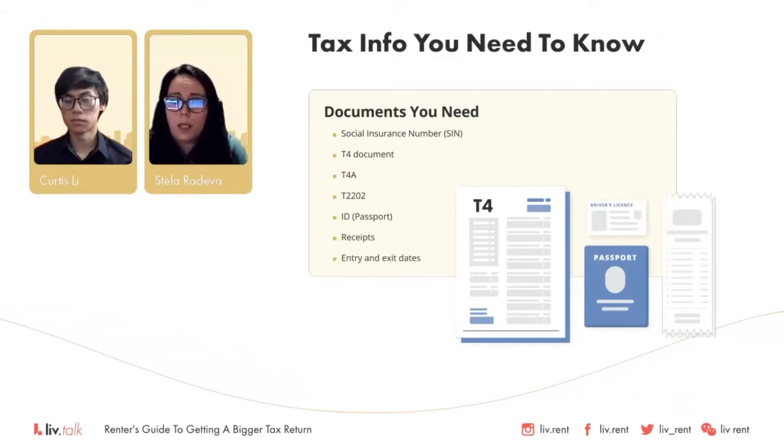Also, if you received any allowances, scholarships, or awards, you need to have a T4A document. If you enrolled in school or paid tuition, you can have a T2202 form. You should also have a copy of your passport or ID. In case you have any receipts last year, if you made any expenses, you can provide receipts or documents proving your expenses.